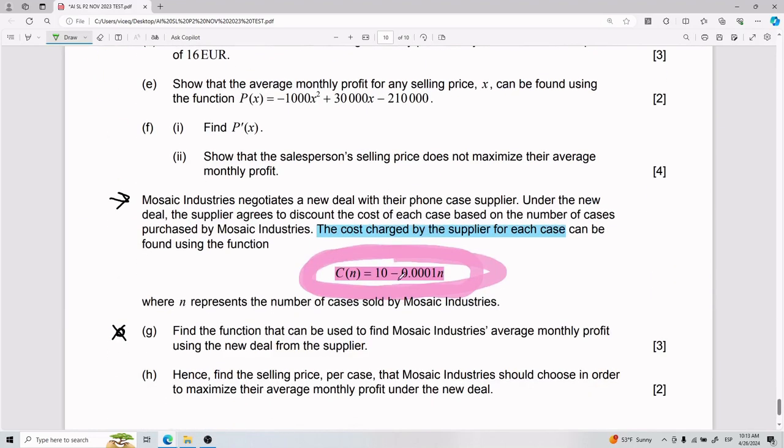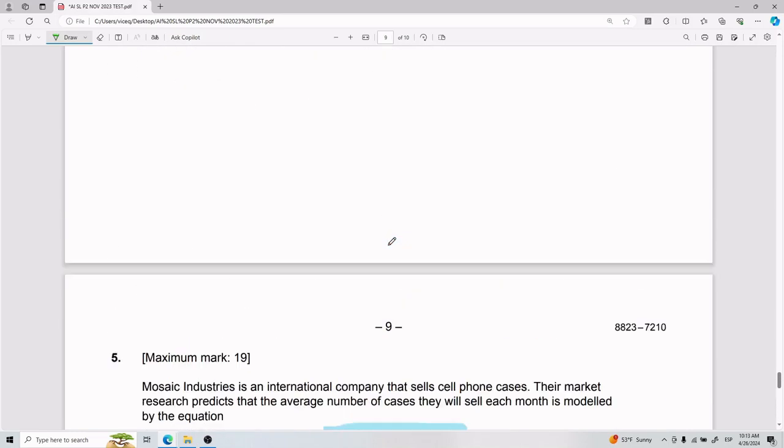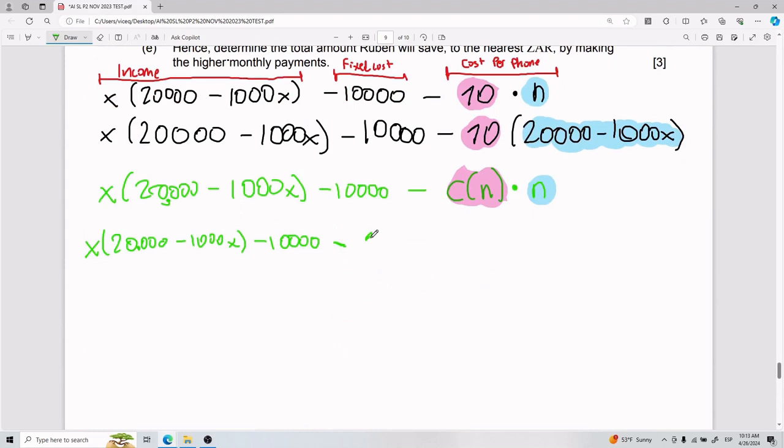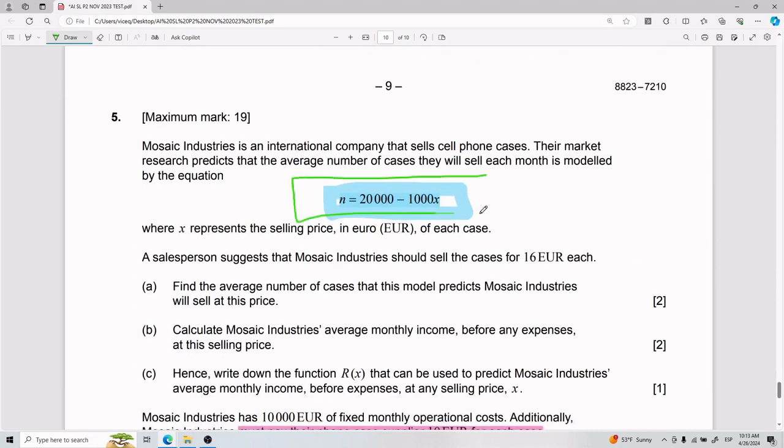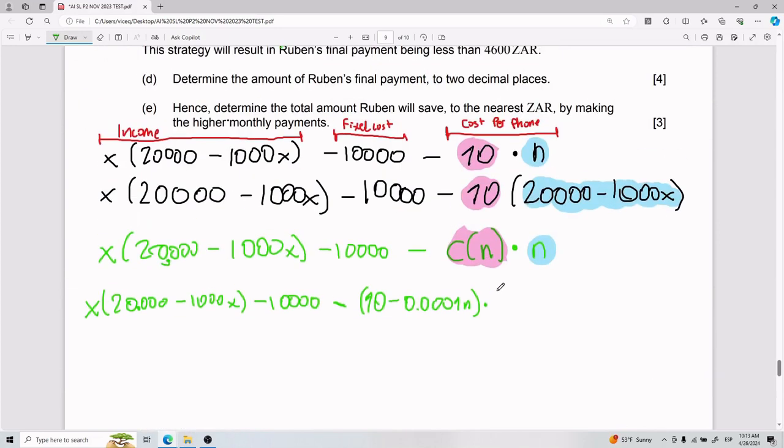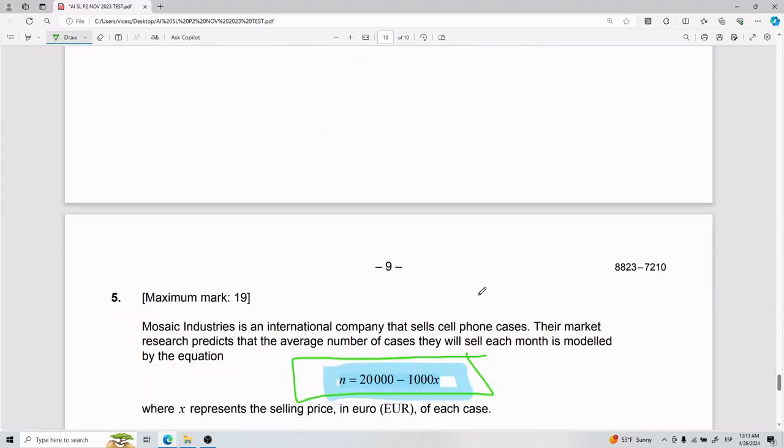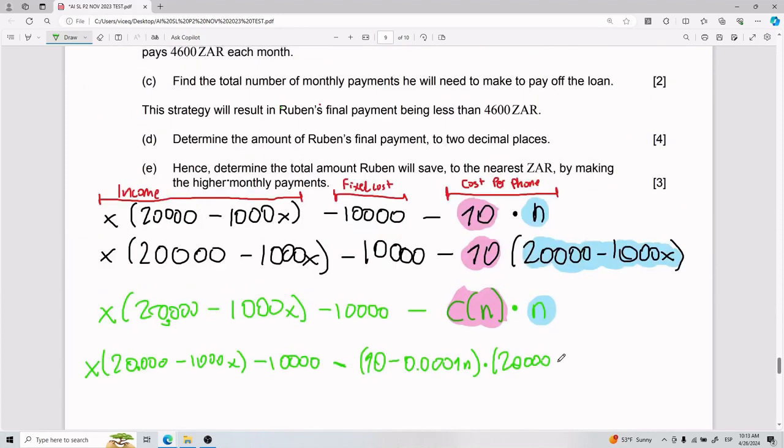So C of n is 10 minus 0.0001n, times n, right? And we said that n was this guy, times 20,000 minus 1000x.